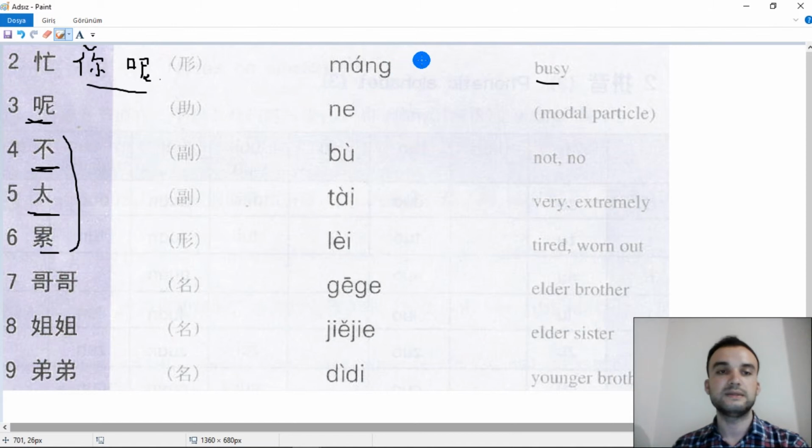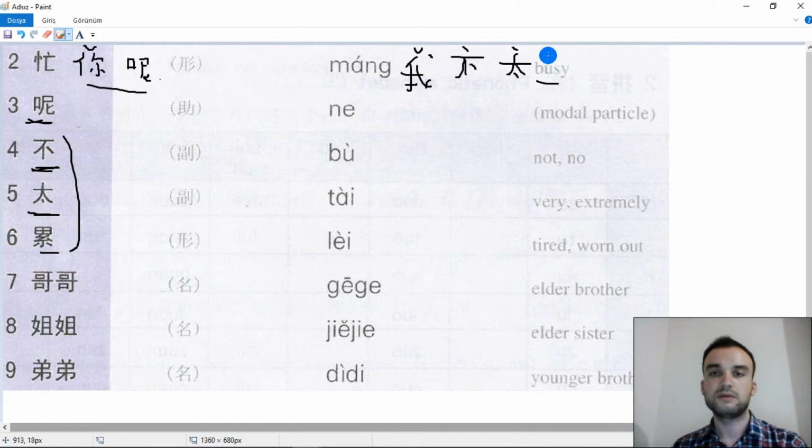How can I say that? 我不太累. I will write it here. So what is bu?